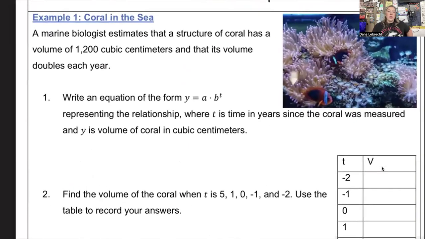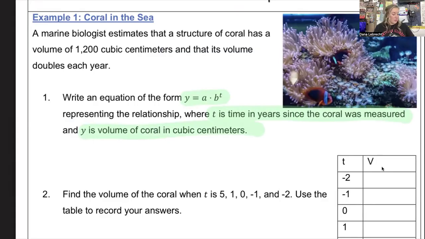So example 1, we have a marine biologist estimates that a structure of coral has a volume of 1,200 cubic centimeters and that its volume doubles each year. Write an equation in the form y equals a times b to the t, representing the relationship where t is the time in years since the coral was first measured and y is the volume of coral in cubic centimeters.